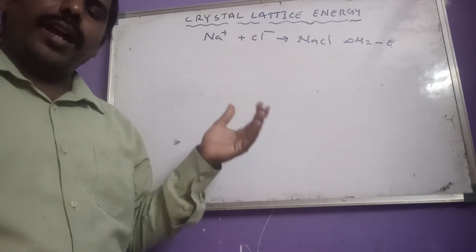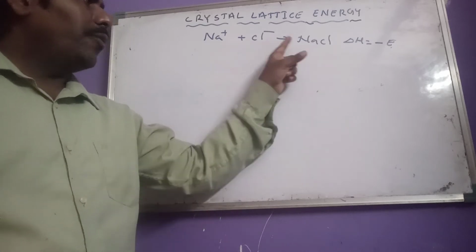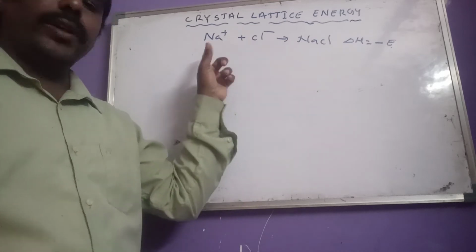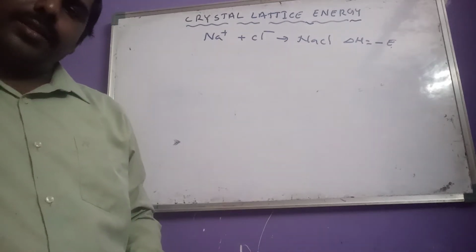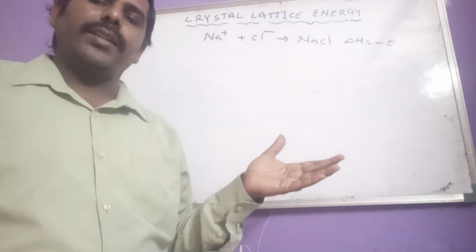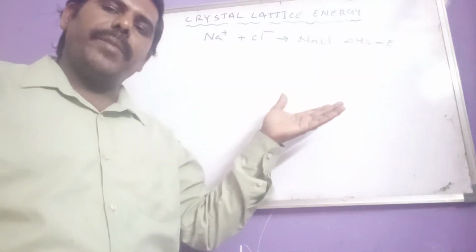So the amount of heat energy required to disperse 1 mole of an ionic compound into its constituent ions is also known as crystal lattice energy. Of course, in these two cases the energy will remain the same.